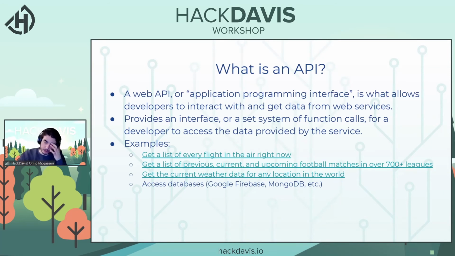That probably sounds pretty confusing, but a good way to think of it is like when a team has a database, and I'll show you some pictures to give you a better understanding in a second. Let's say you have an app that's trying to pull data from a database. You don't actually go to that database directly and extract your information. There's an API that's almost like a glass wall between you two, where the API says, hey, you can call these 10 functions to get information from the database.